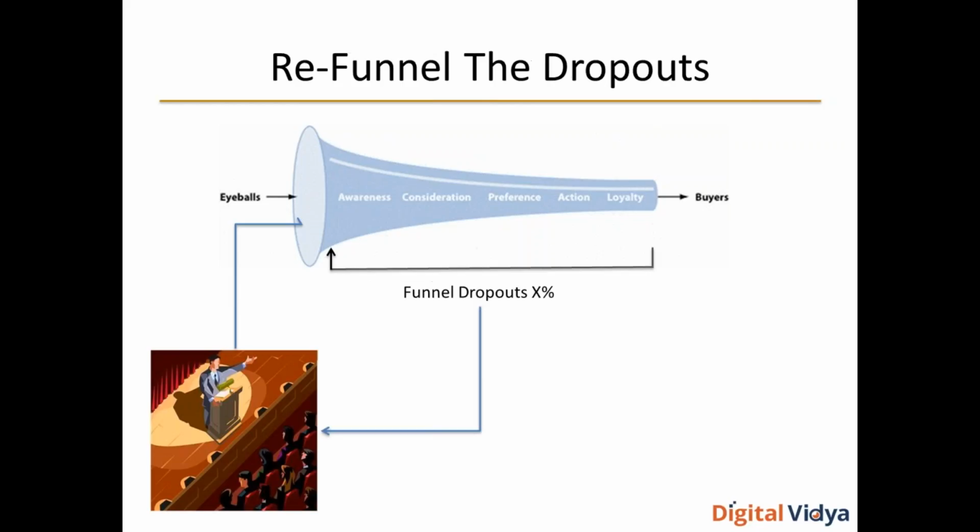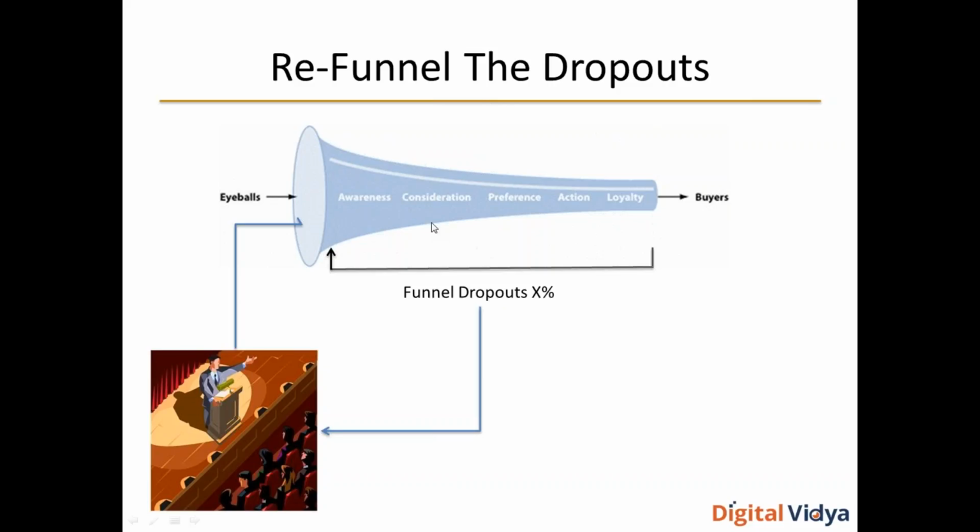The whole idea is using audience aggregation, right? You need to refunnel the dropouts, right? So somebody who is aware of your product is not coming back. So show him your content once again and try to push him to a state of consideration.